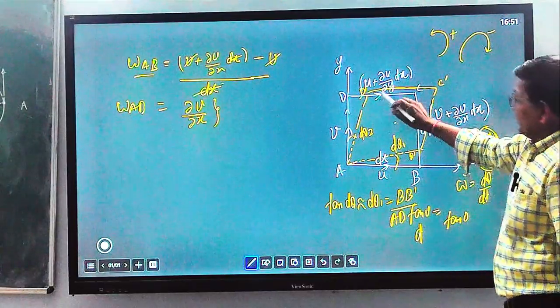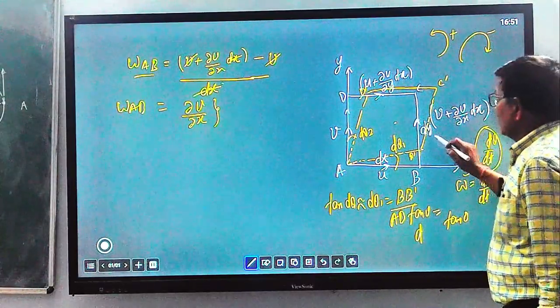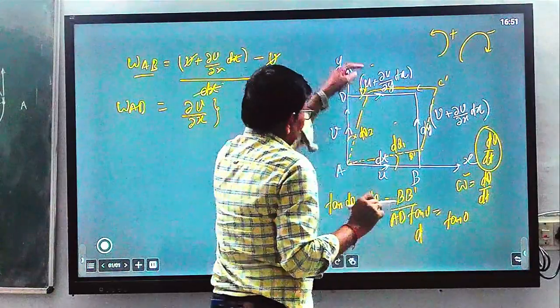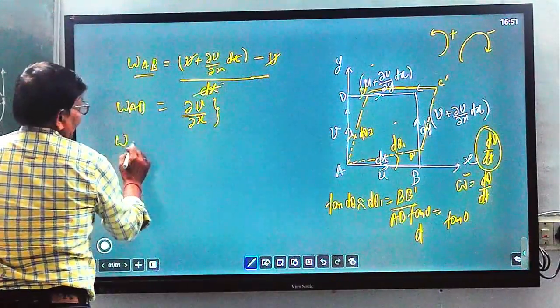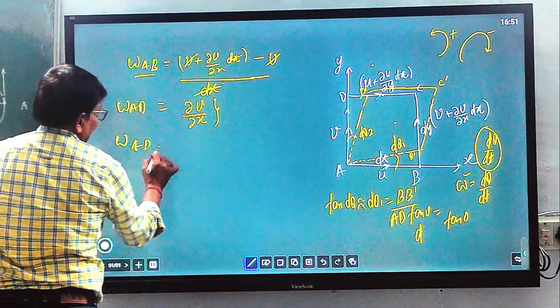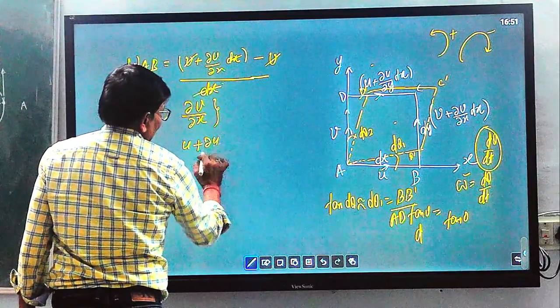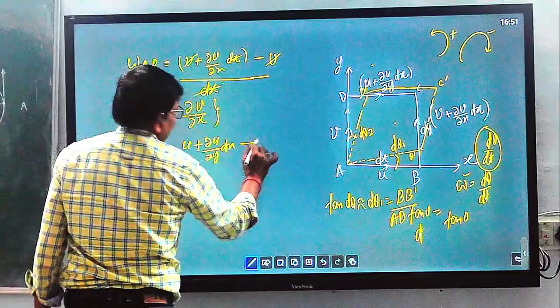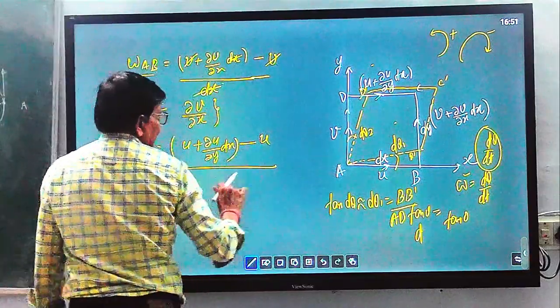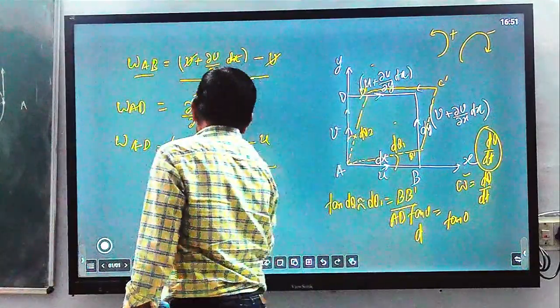For rotation of AD, these two velocities are responsible. So omega AD equals u plus del u over del y dy minus u upon this arm, that is dy.